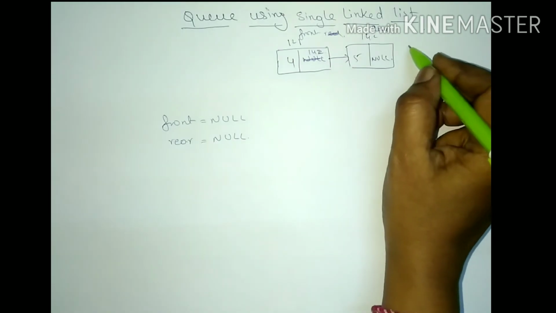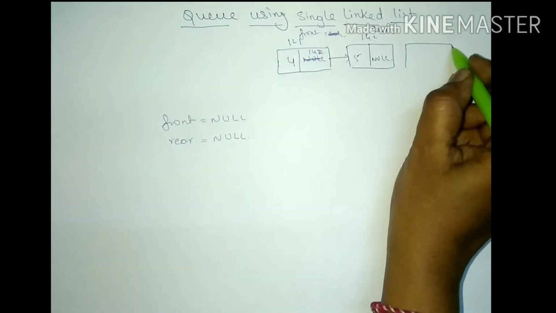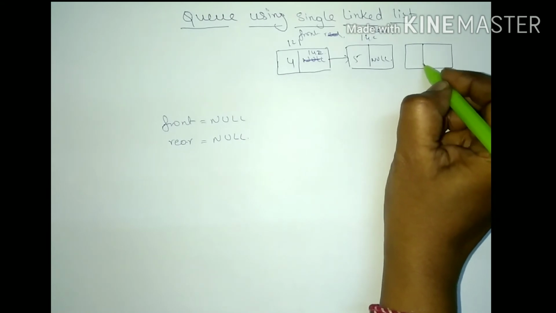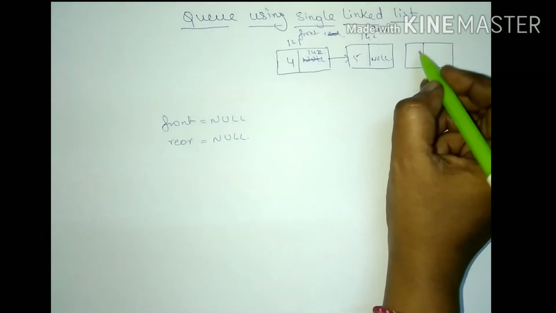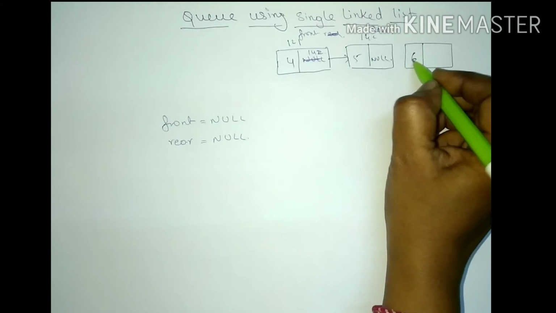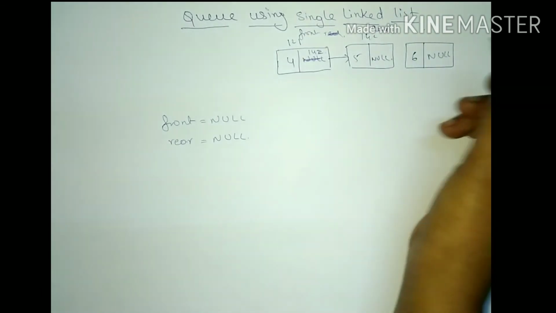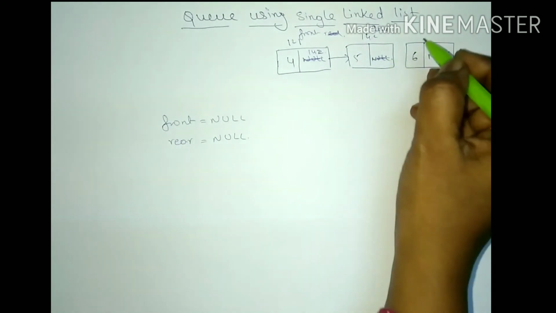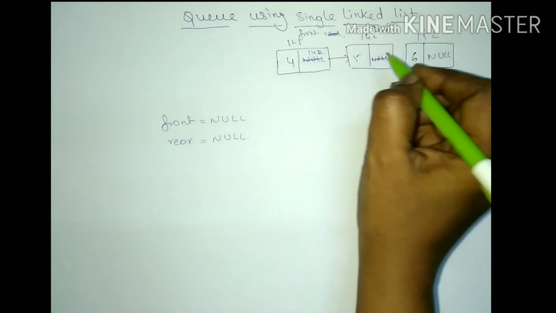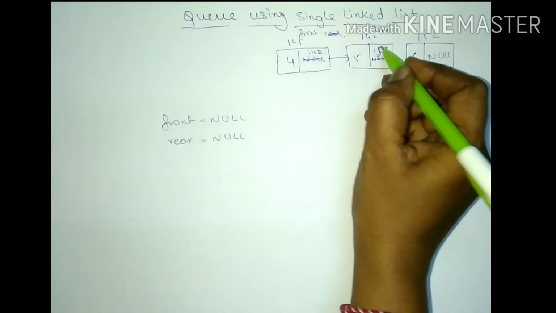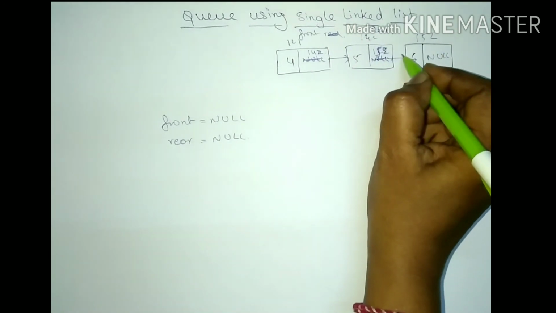Now next, again insert a node, that is enqueue a node, that is again create the space for the node in the memory, then insert the value and make this next as null because there is no next, and 152 address is stored into this node and it is linked.